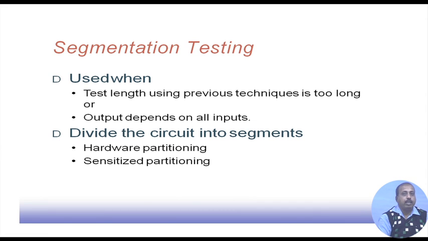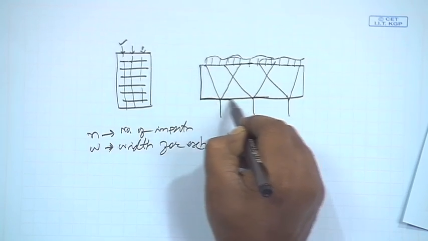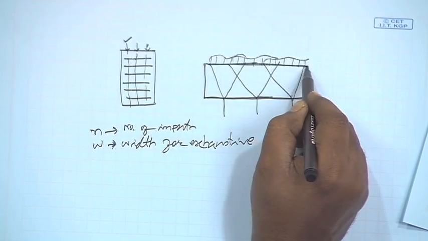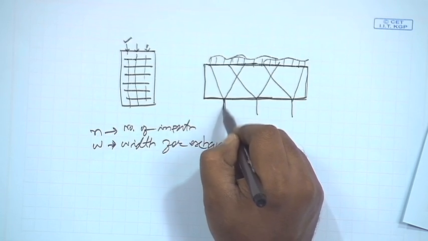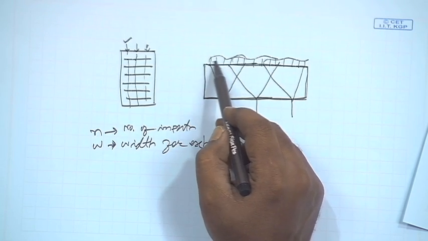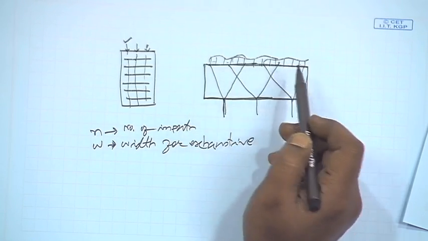Another strategy that can be followed is segmentation testing. The circuit may be very large, and the output may depend on many inputs. Here we thought about this policy when the individual outputs had a cone of dependency much smaller than the total number of inputs in the circuit.